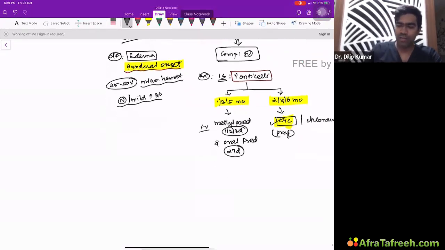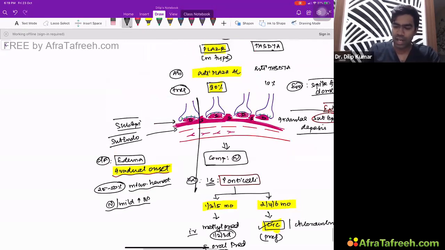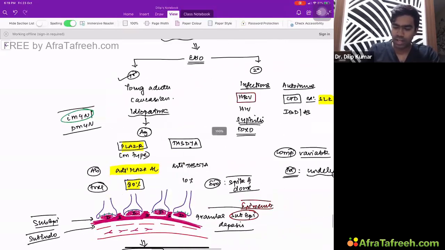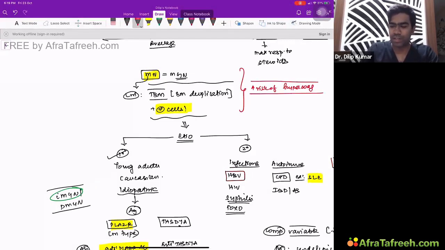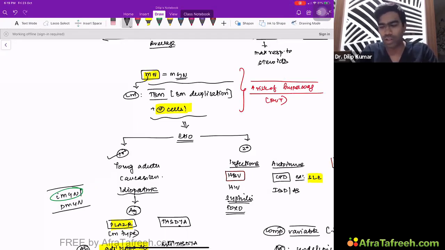But due to unforeseen reasons, any diagnosis of membranous nephropathy, as I told you multiple times in the past, means there is a significantly increased risk of hypercoagulability, especially renal vein thrombosis. Any membranous nephropathy patient coming with flank pain, you take it as renal vein thrombosis unless proved otherwise. There is an extremely high risk of hypercoagulability due to many unforeseen reasons in membranous nephropathy patients.